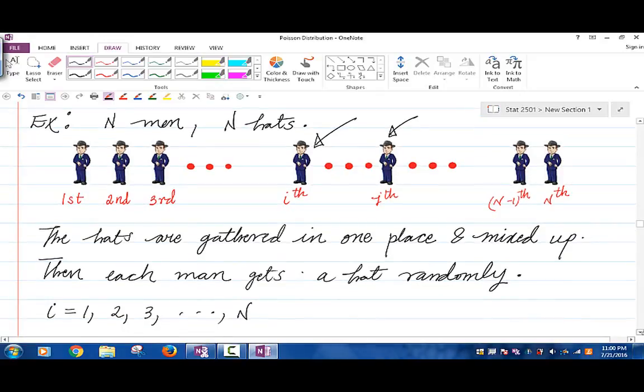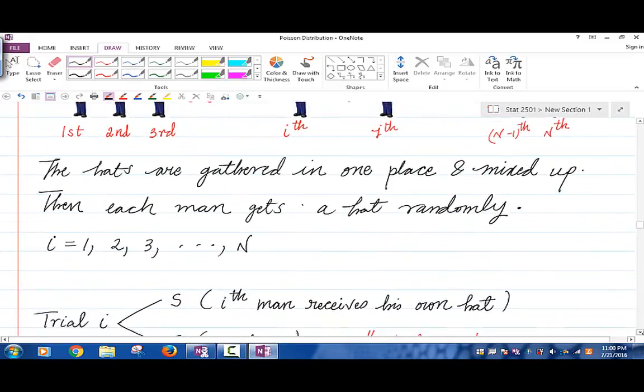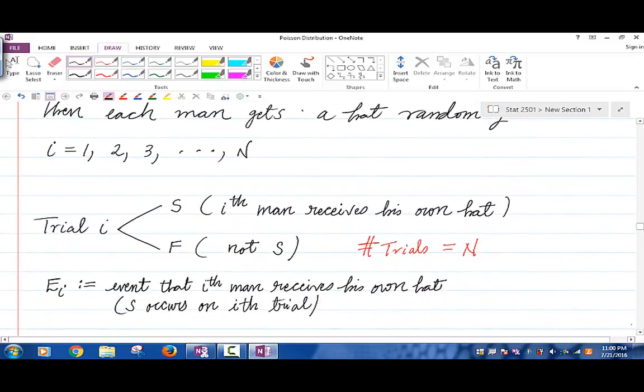So for i equals 1 up to capital N, we are going to define the ith trial in the following way. The ith trial has two outcomes, success and failure.